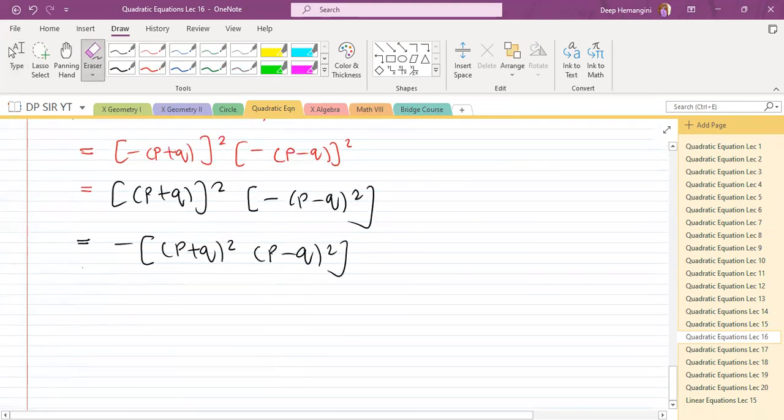Here it's going to be, since you have taken minus outside, a minus p square plus p square minus p square minus q square, minus p square minus q square the whole square. Okay, let this be my equation number 6.